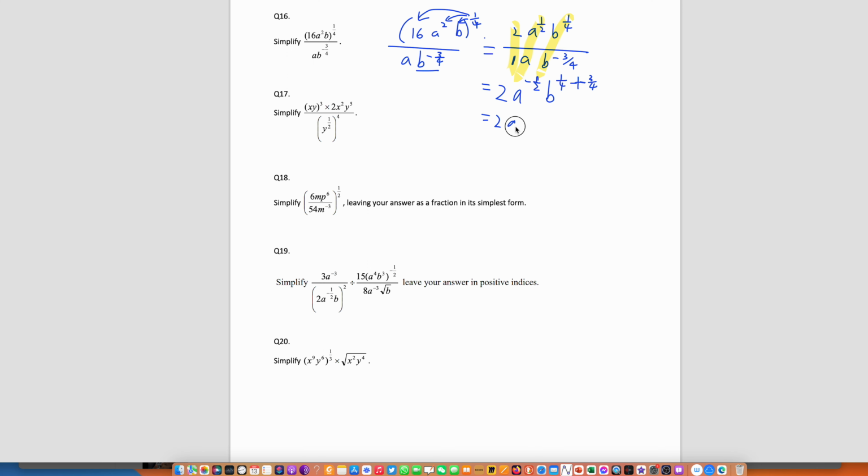I think it's always a good habit to make it into a positive index. This one is positive index, this is positive index, this one is still not positive index, so make it into positive index. Your -1 only applies to the A half, so you get A half below.